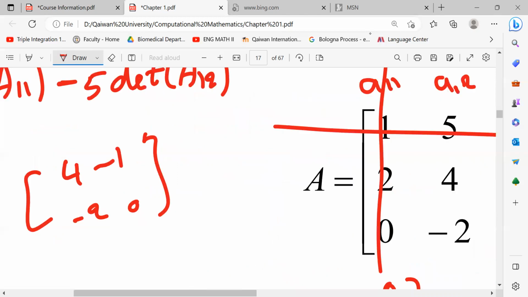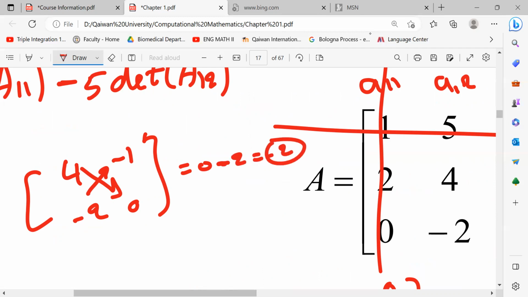How to find the determinant of this matrix? Multiplying these two minus multiplying these two. 4 times 0 is still 0, and -2 times -1 is 2. So it is -2. Okay? It is -2.